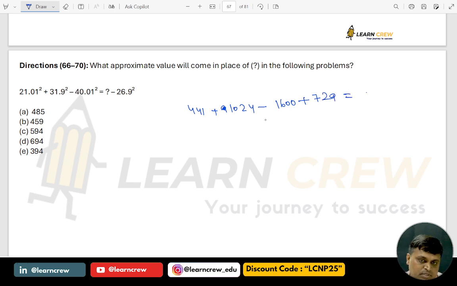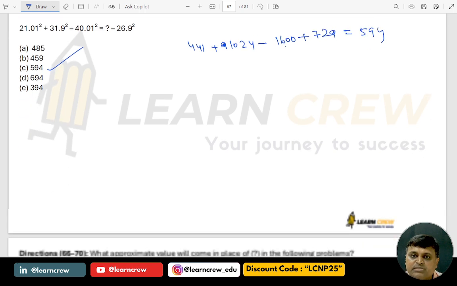Now if you simplify this, how much are you going to get? 1465 plus 729 minus 1600, which is approximately equal to 594. 594 is the answer approximately.